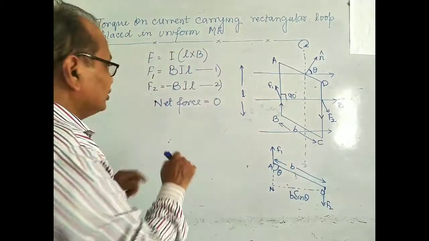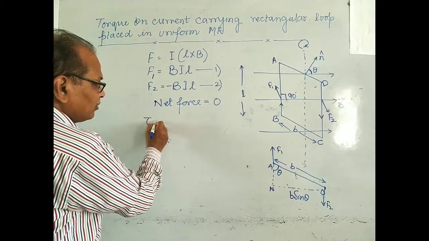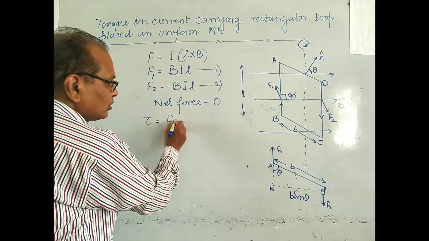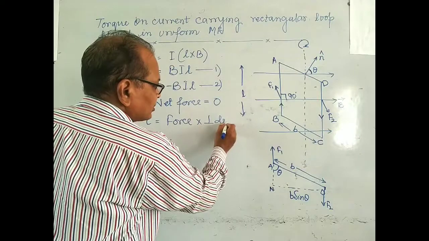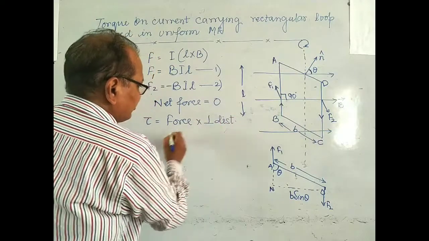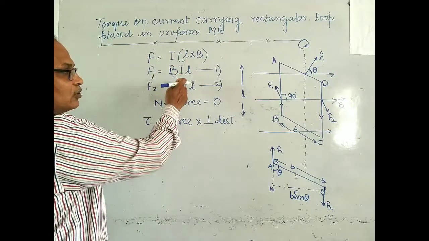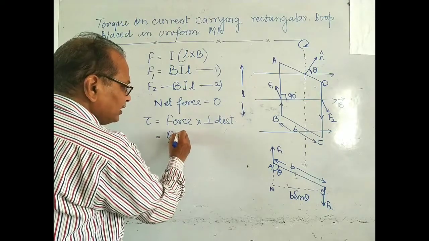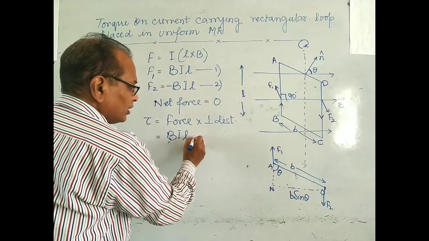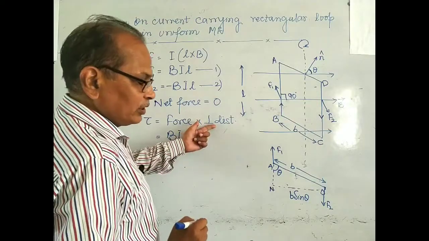So the torque experienced will be force into perpendicular distance. Either force, this or this, because both the forces are equal, you can write it as BIL, and perpendicular distance C.